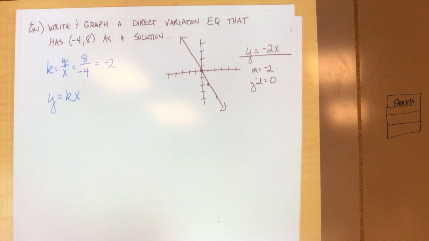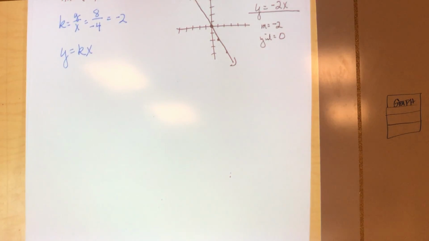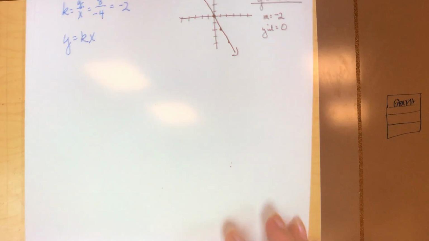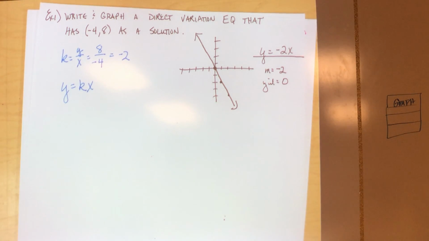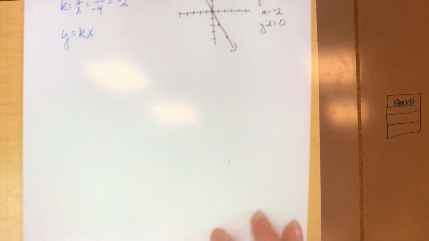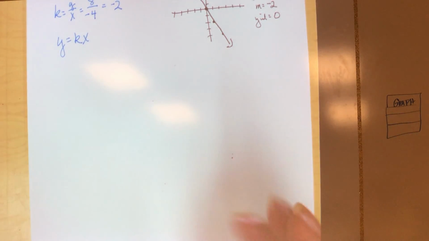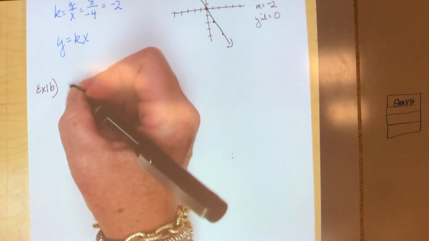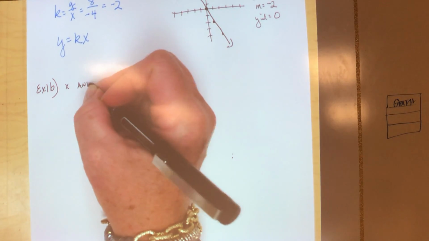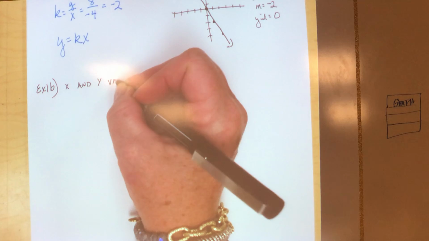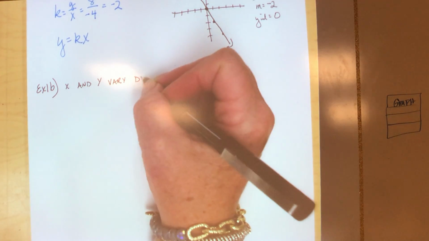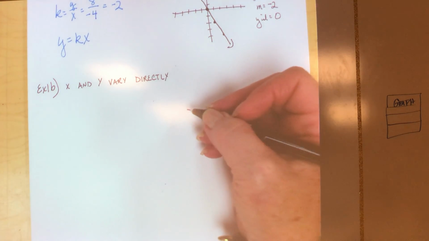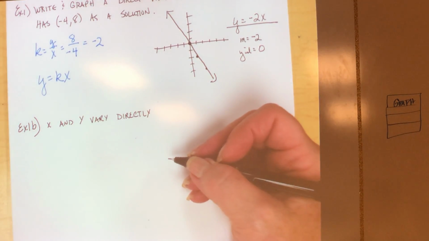Okay, so I'm going to give you the same type of problem, but I'm going to write it in a different way. Basically, it's going to be the same thing. Here's example 1b. X and Y vary directly. So what am I telling you that we have?